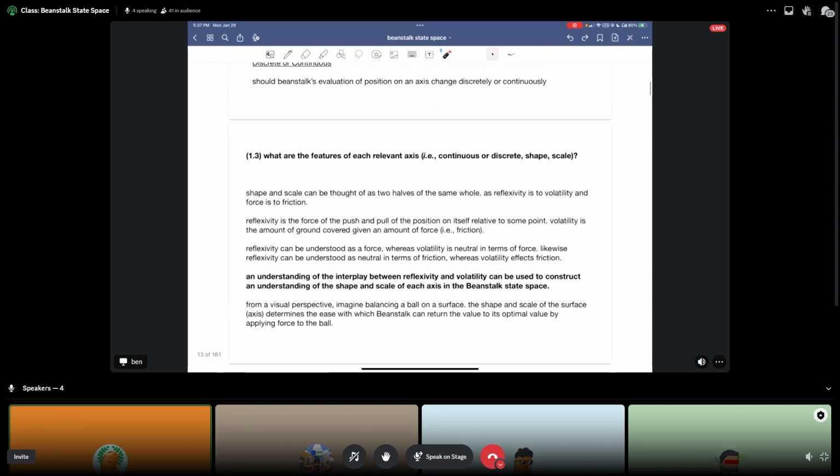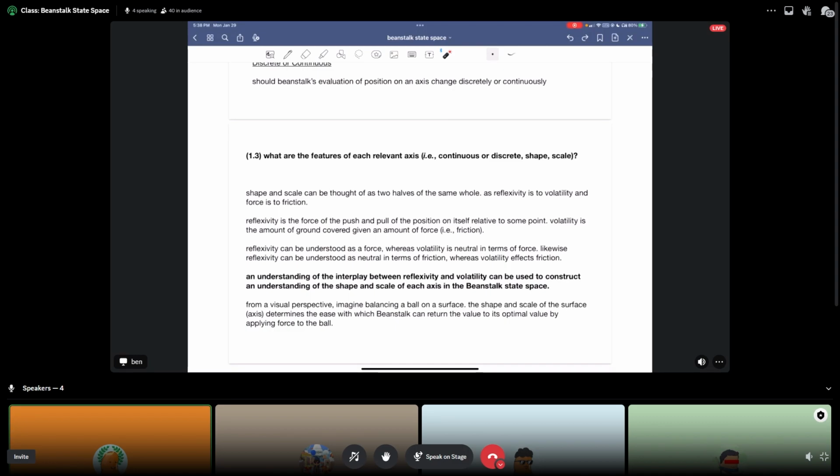in terms of the analogy here, it's like there's some sort of force that is acting on Beanstalk as a result of Beanstalk's position, and then there's some amount of ground or distance within space that Beanstalk will cover as a result of that force.